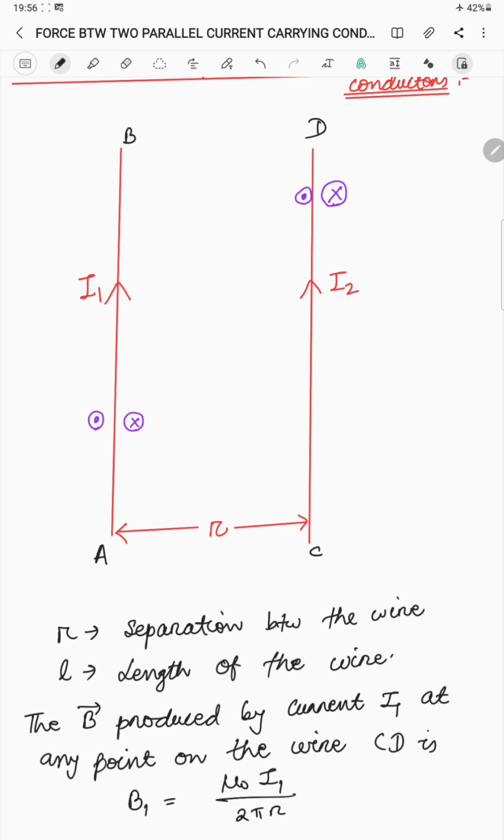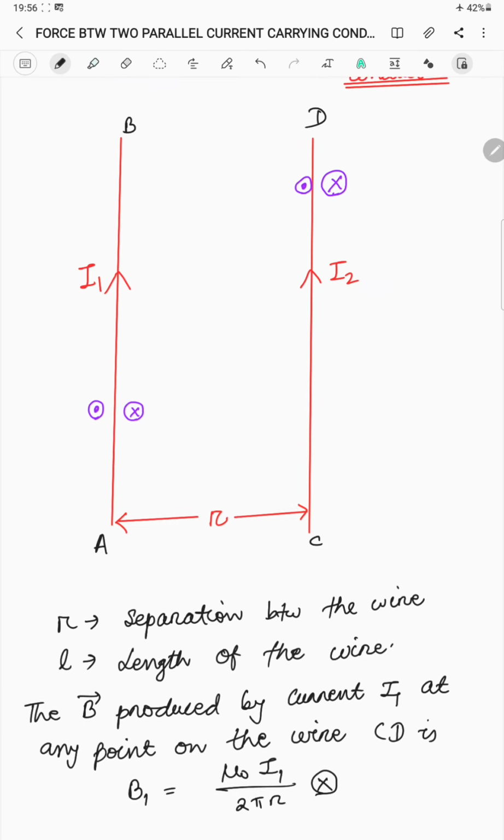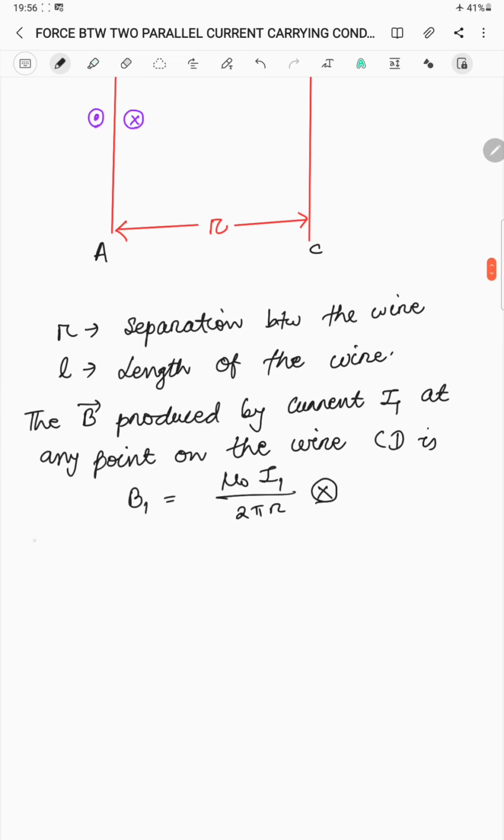This we have already derived. And what is the direction of the magnetic field? It is a cross. I have shown it here.